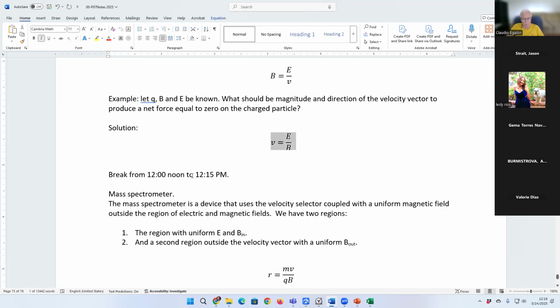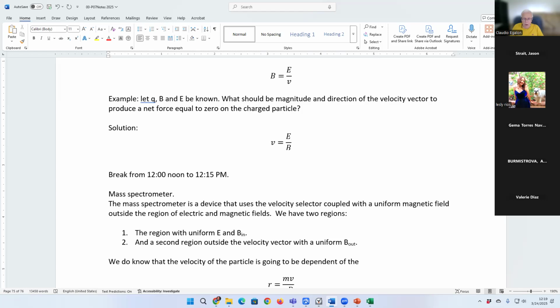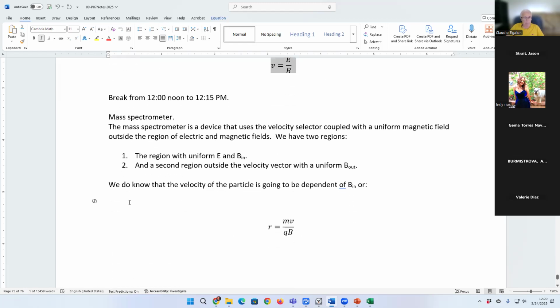We do know that the velocity of the particle is dependent on B in, like we calculated before, the velocity, and I have to put the B in here, right?